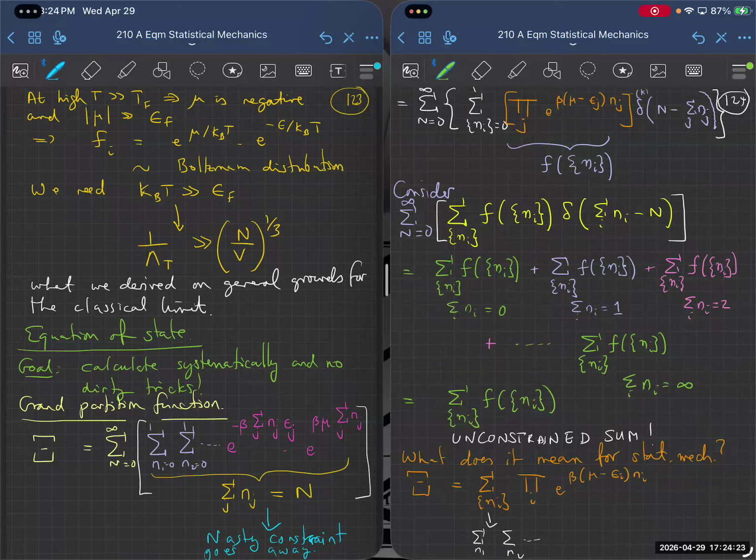So every term is represented there, and there's no constraints left. So that's the magic of summing over N. After this, write out all those terms and just see there's no constraints. Okay?